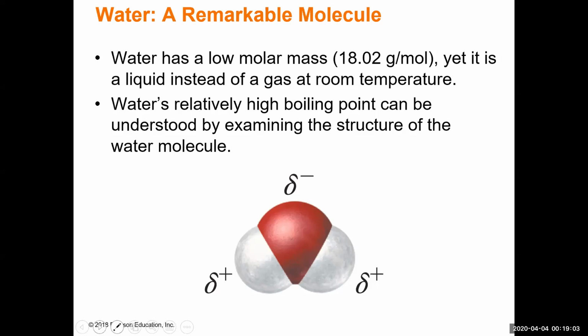So water molecules have an electron domain geometry of tetrahedral, but the molecular geometry is bent. So the oxygen has a partial negative end, and the hydrogens have a partial positive end.